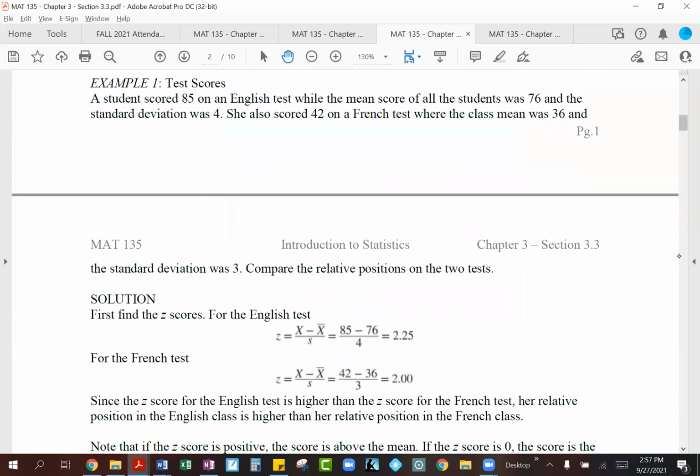This one over here is a nice, neat example. You can see they're talking about a standard score of 85 on an English test. A student scored 85 on an English test, whereas the mean score for all the students was 76 and the standard deviation was 4. The same student scored a 42 on her French test, where the class mean was 36 and the standard deviation was 3.